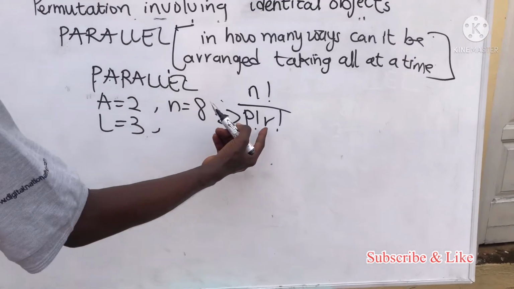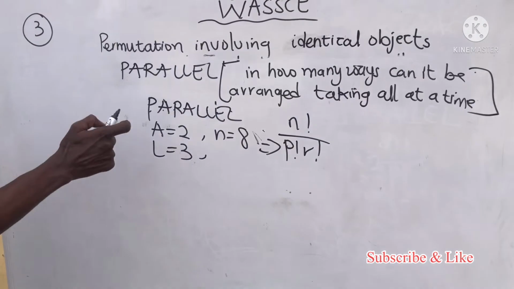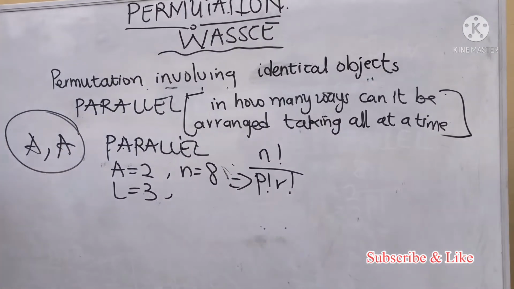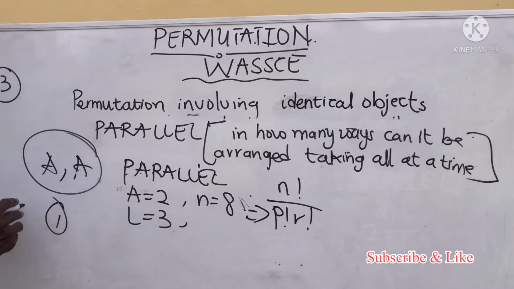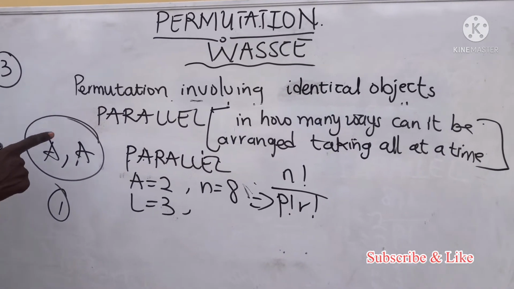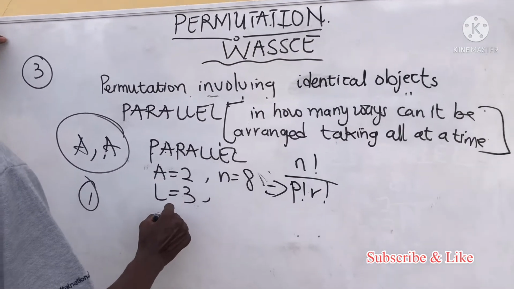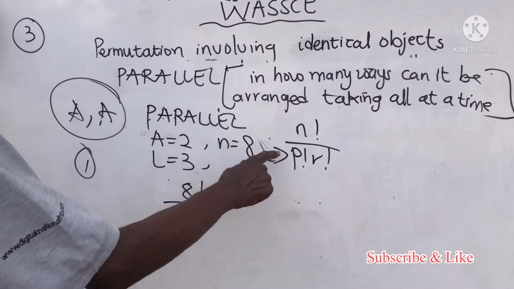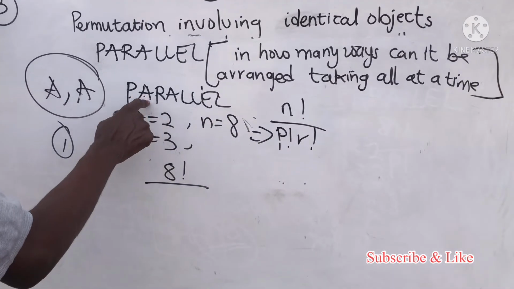The reason why we do this is to cancel out in order to get only one item, because A is the same thing. When you arrange A and A, you will still get AA, so it is 1. So therefore, we have to cancel out in order to get one item for this. So here, parallel is 8. So 8 factorial over P, which stands for A. So A is 2.